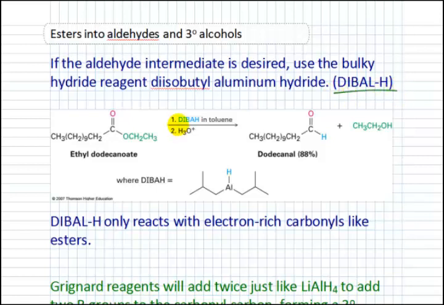Our book though calls it DIBAH or something like that. That only reacts with carbonyls like esters that are electron rich. Okay? So DIBAL doesn't work with acid chlorides or really anything else like that. So this is sort of particular to esters where we can stop at the aldehyde stage like that.